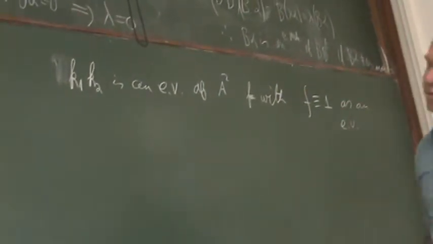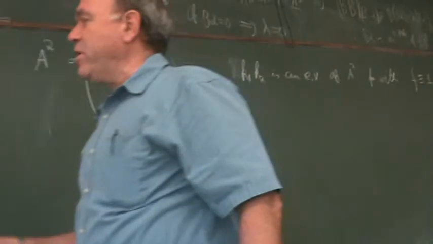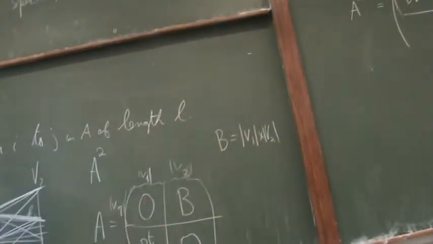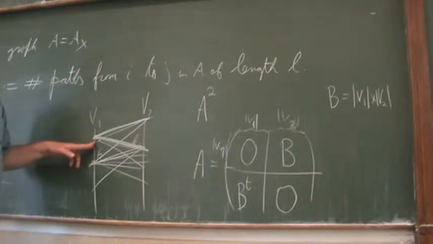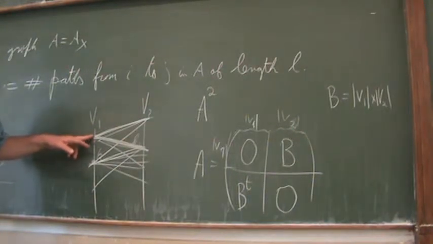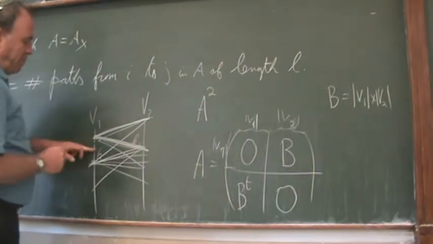Why? Because just think about it. What A squared does: you take a function on the graph which is 1 on everything, and for a point here you sum up over its neighbors.